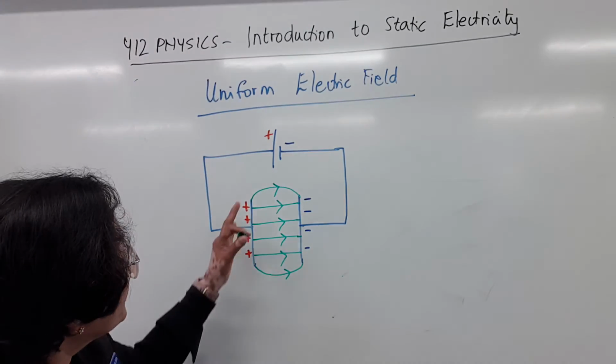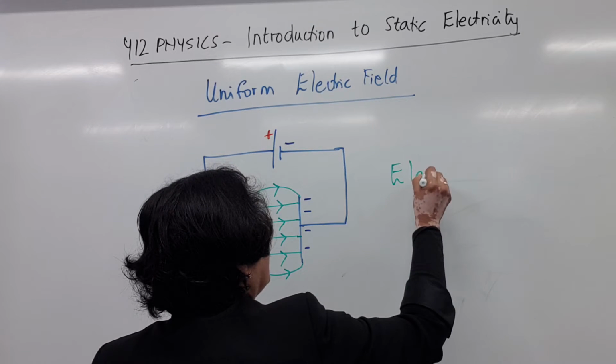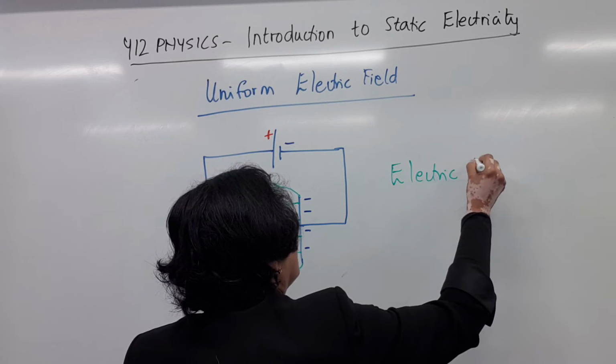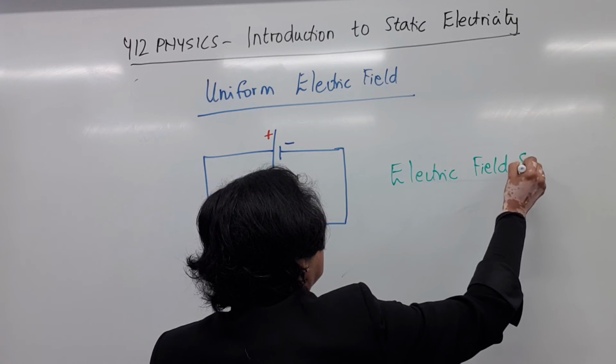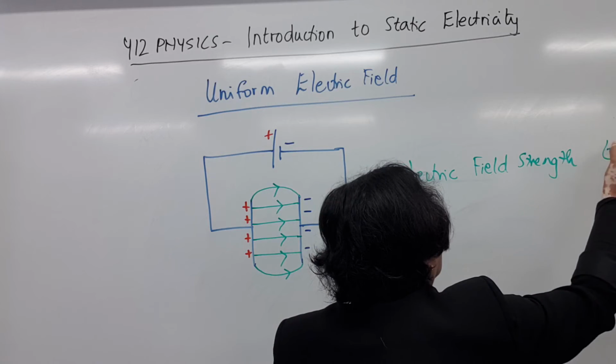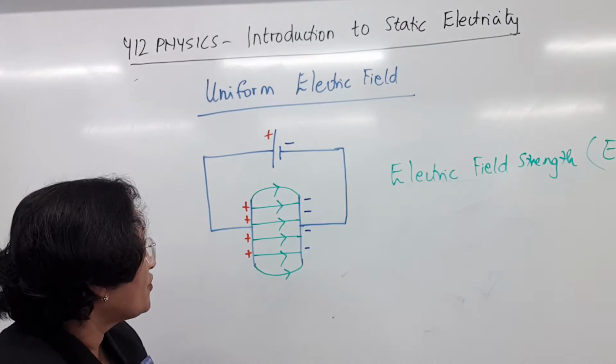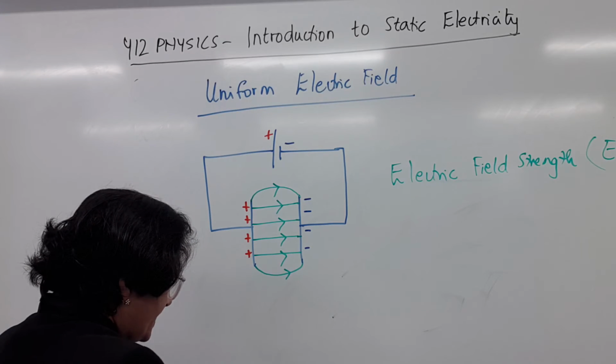Okay, now we have something called electric field strength. How strong is the electric field strength? Now, in a uniform electric field, this electric field strength is the same everywhere. That's why it's uniform. It depends on two things.